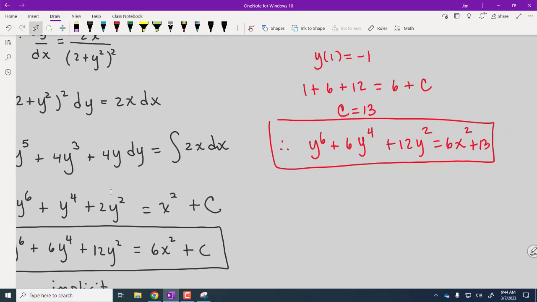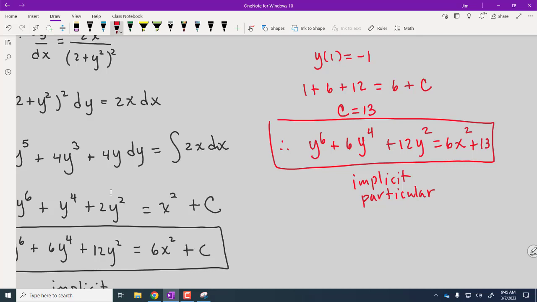So that is our particular solution, but it is implicit. We cannot find an explicit one. So this is implicit, and it's particular. And there's no way to isolate that y.